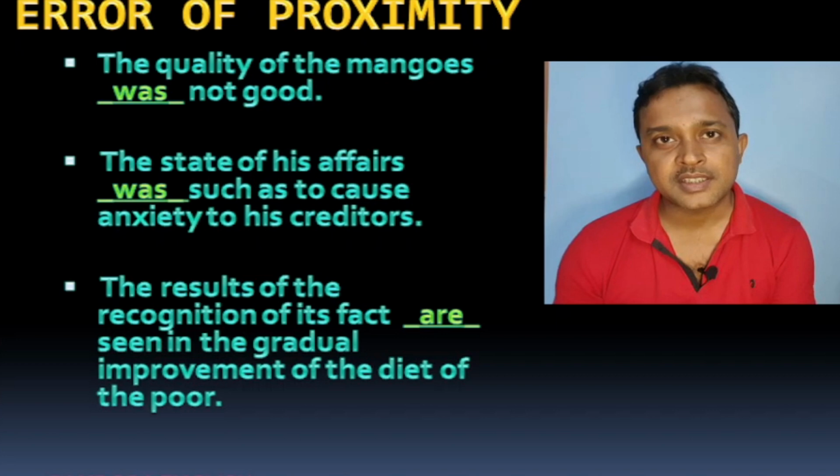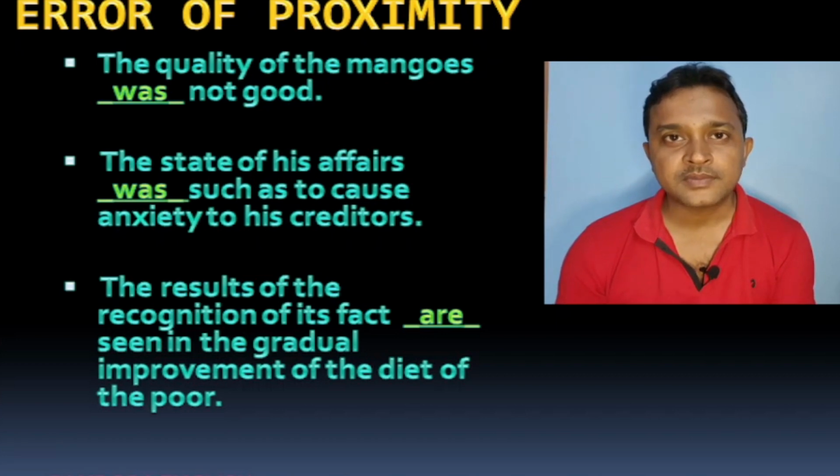It means that the verb should agree with the nearer noun, but it is a mistake because the governing noun in the phrase is the quality, which is a singular one, and that is why was is the correct answer.